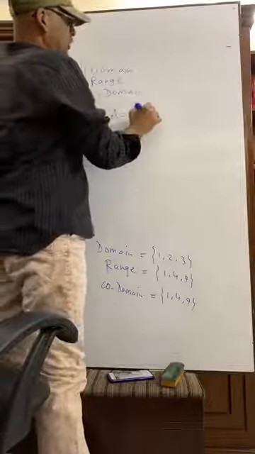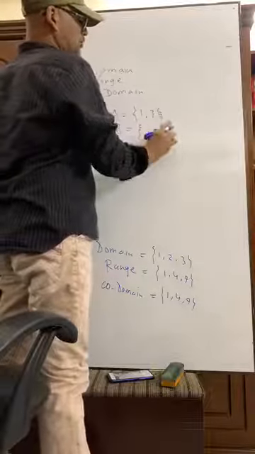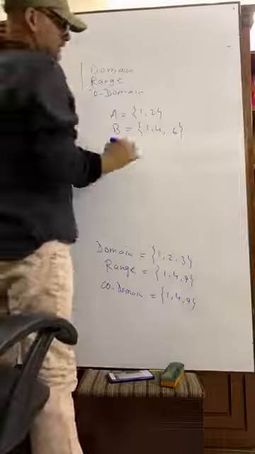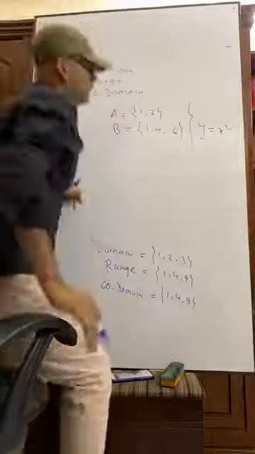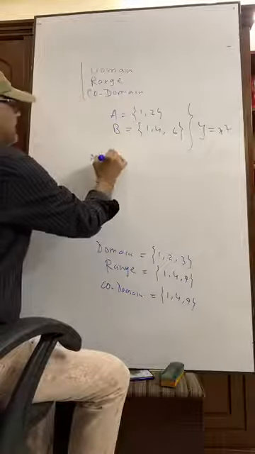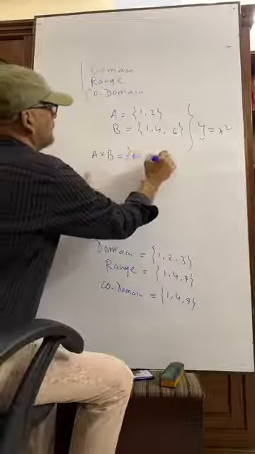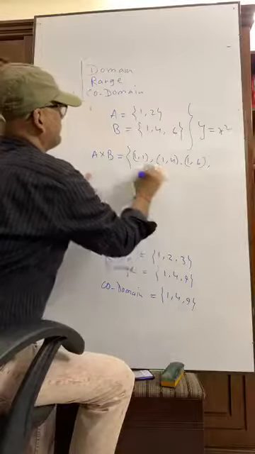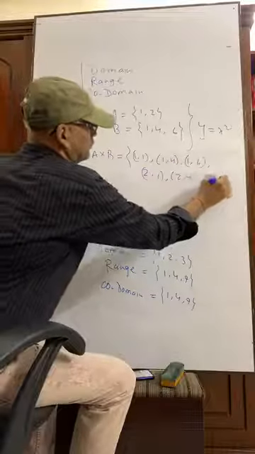A equals {1, 2}, B equals {1, 4, 6}, and the condition is y equals x square. Okay, so what is A cross B? That is the Cartesian product (1, 1), (1, 4), (1, 6), (2, 1), (2, 4) and (2, 6).